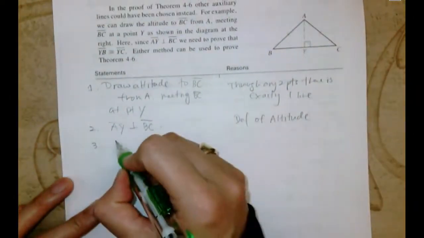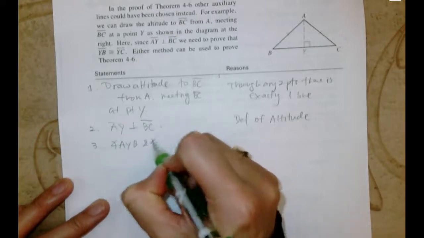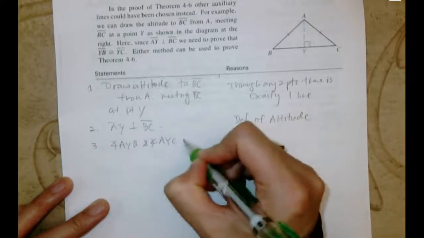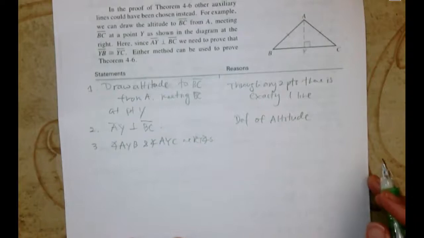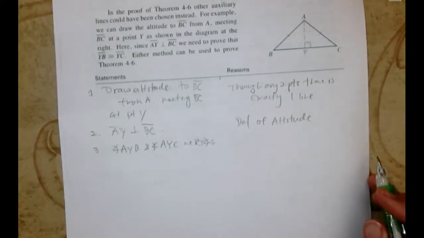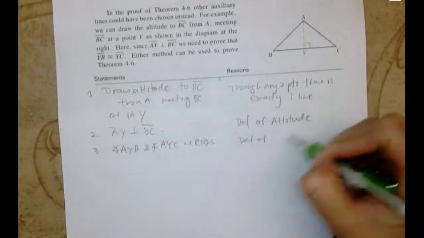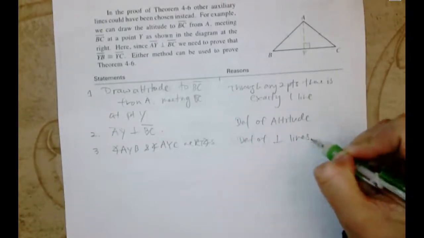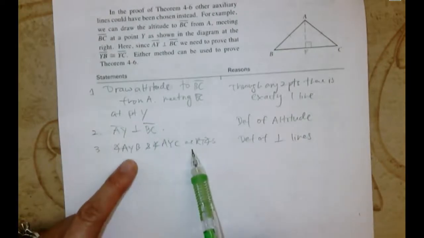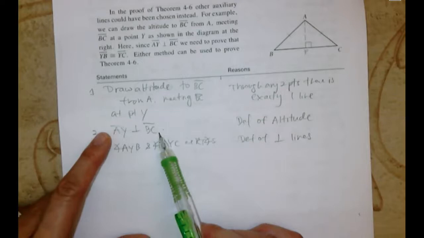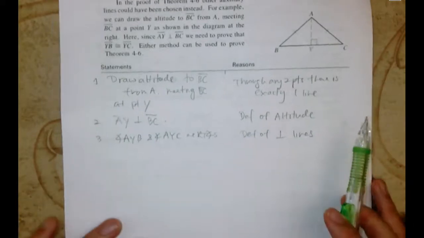Okay, so angle AYB and angle AYC are right angles. And this one, you can say this is definition of perpendicular lines. If the lines are perpendicular, then angles form the right angles.